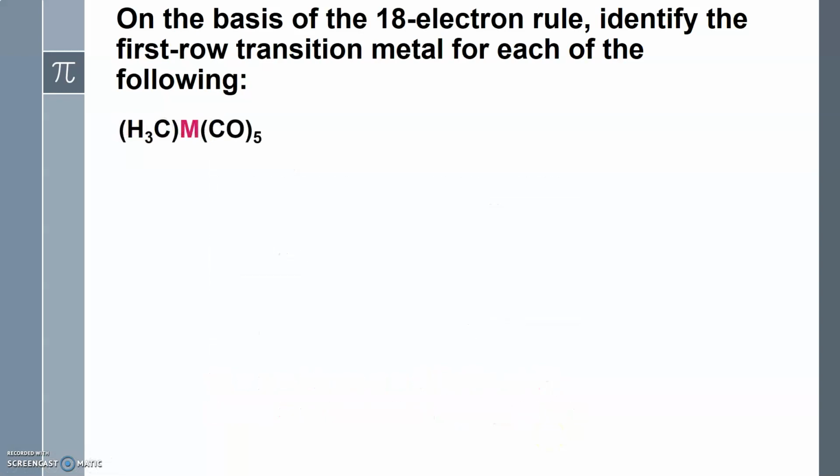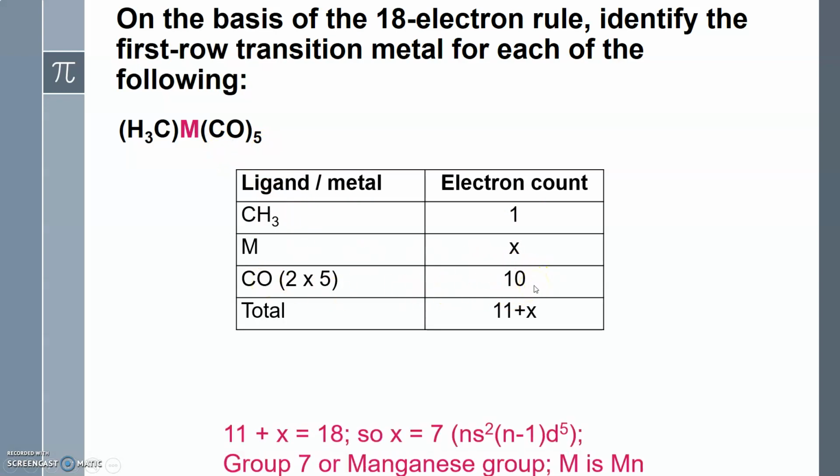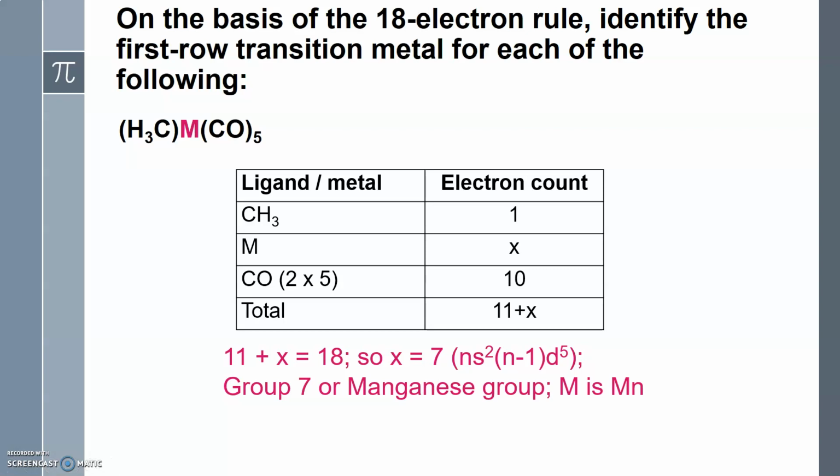Let us now do one more problem. We will do the electron count. This is the alkyl group. For the alkyl group, the electron count is 1. For M, the electron count is X. There are 5 carbonyl groups, so the electron count from carbonyl is 10. There is no charge, so there is no addition or subtraction of electrons.